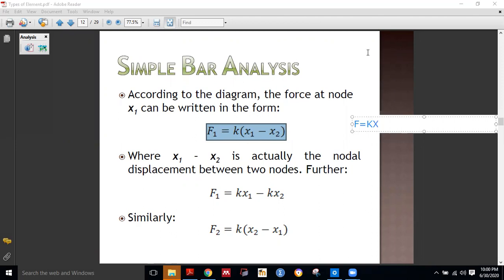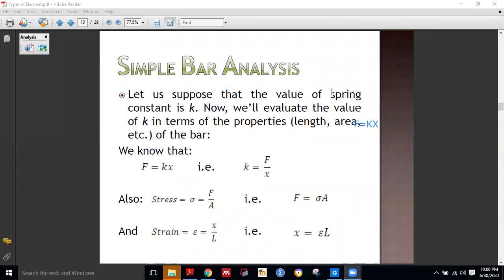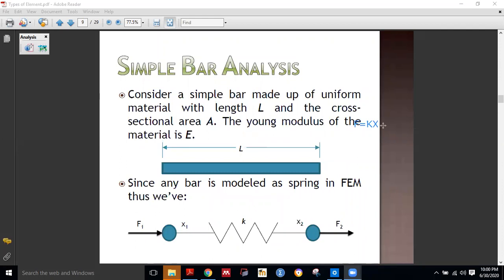Force required to, so I will keep that formula as it is. Now here, it is F is equal to Kx. So F is equal to Kx means force F1 is equal to K, the spring stiffness, into X. But this X is not sufficient because this X is influenced by X2 and F2.